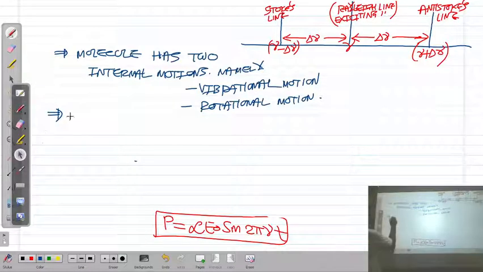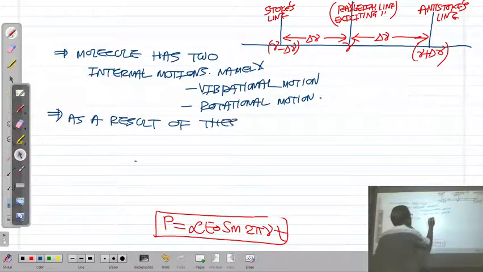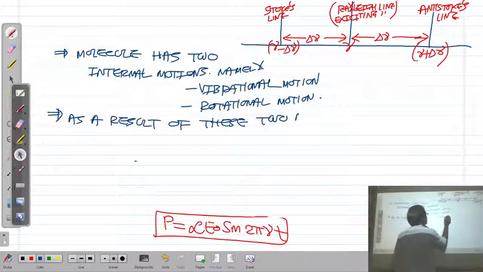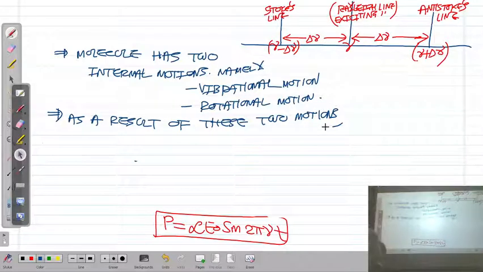As a result of these two motions, the polarization of the molecule varies.